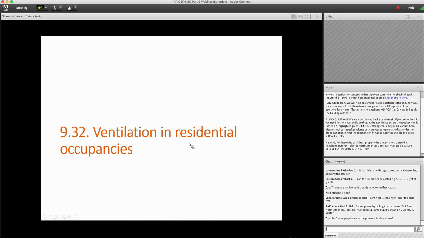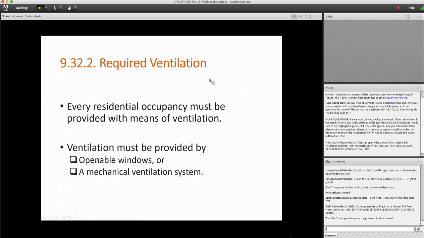Ventilation in residential occupancies. There are minimum requirements for the required ventilation. Every residential occupancy must be provided with a means of ventilation. This may be by openable windows or by a mechanical ventilation system.